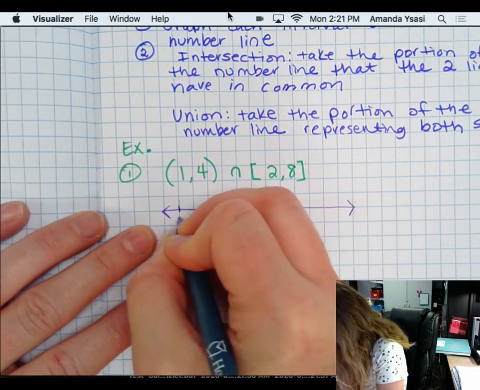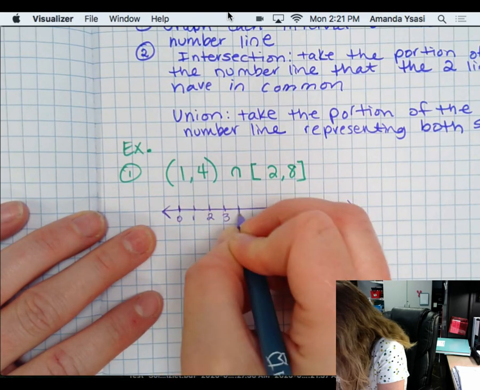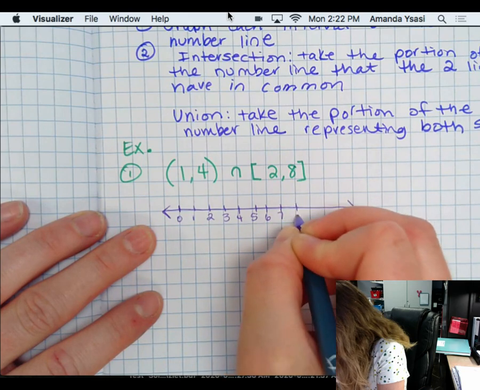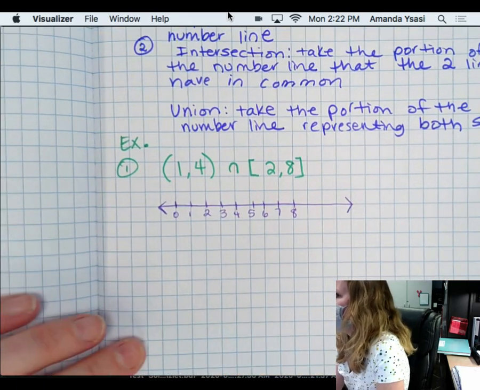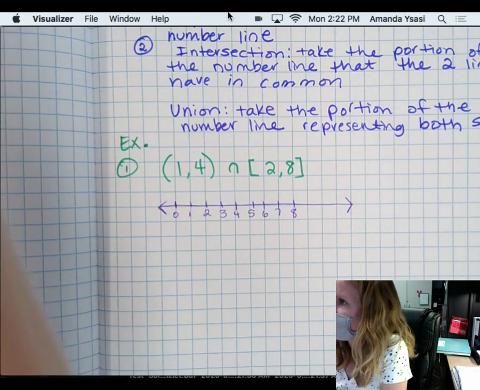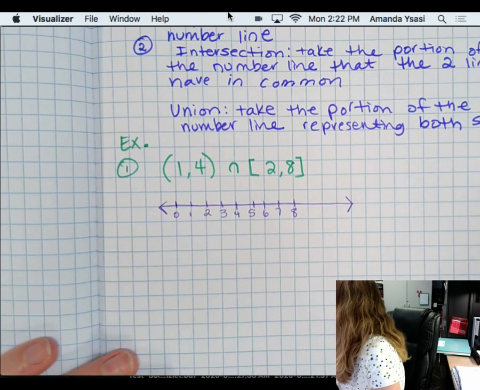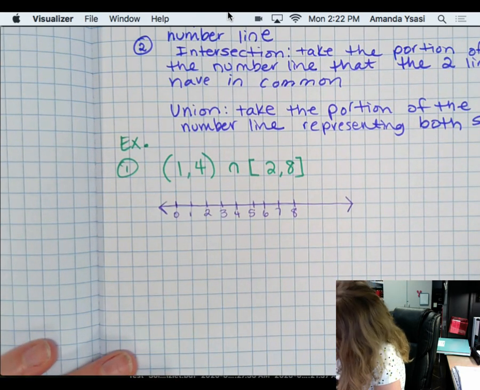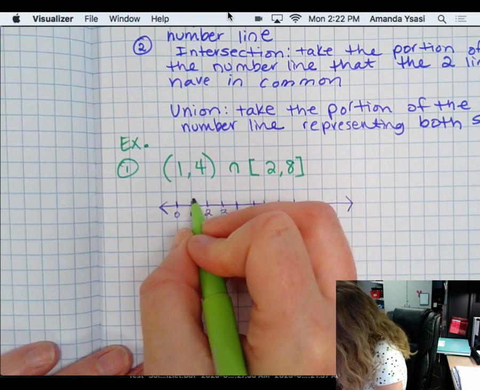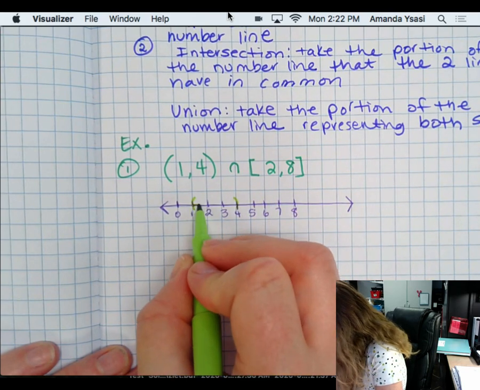So it looks like we can just start at 0. 0, 1, 2, 3, 4, 5, 6, 7, 8. So 1, 4 means I'm going to do parentheses at 1, parentheses at 4, and then shade between them.